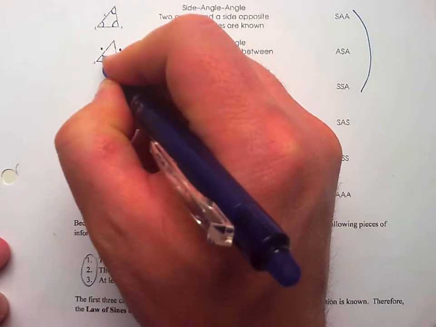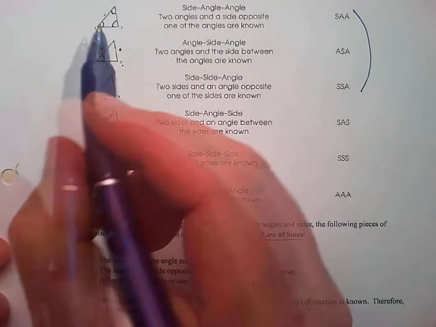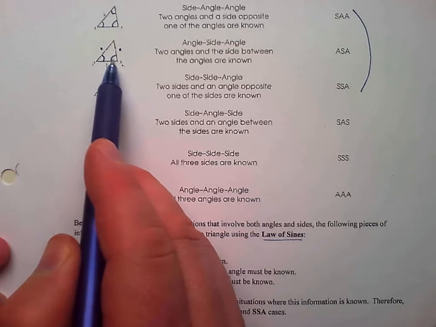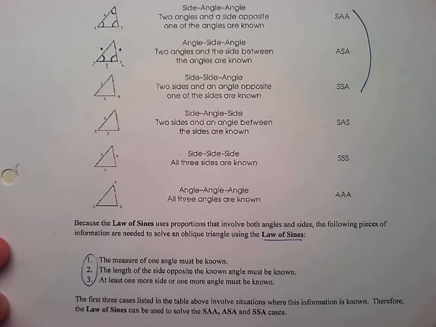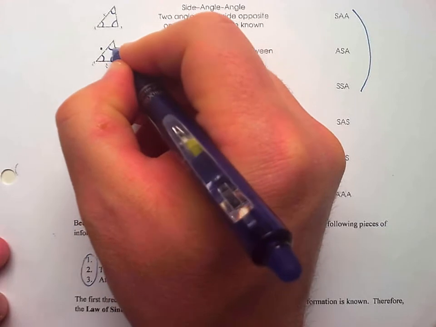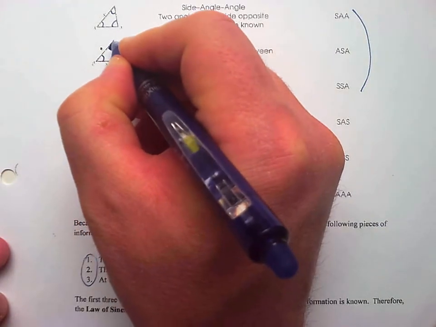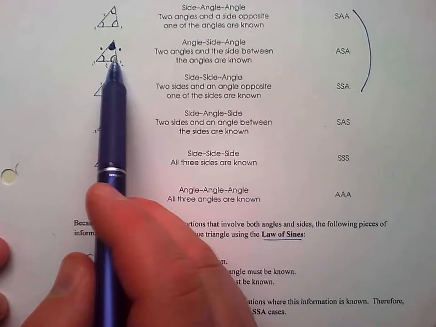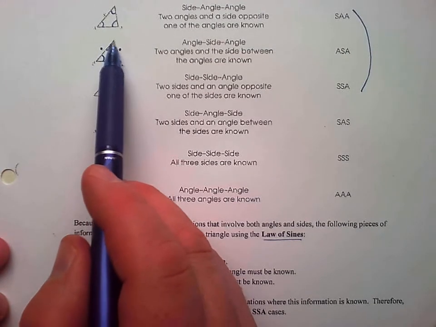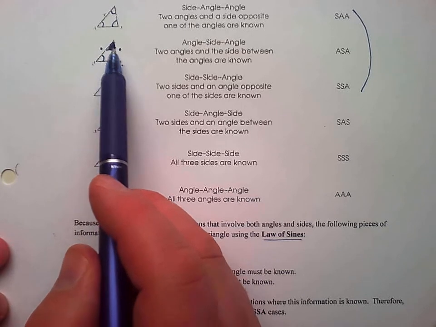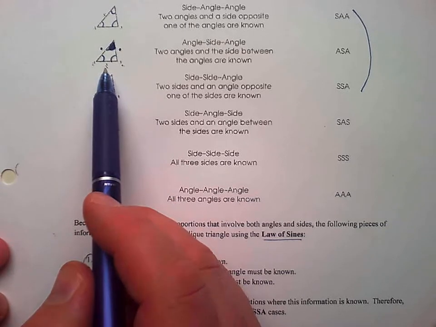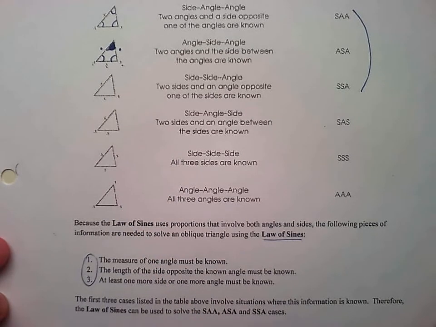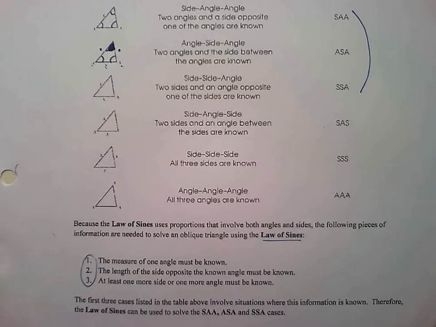So if we know this angle right here, and we also know this angle right here from side angle, we can use that to figure out what this third angle is, that I'm shading in dark. If we add these two angles together and subtract from 180 to determine this angle up here, now we'll know an angle opposite the side of which we know the length. So number 2 is still fulfilled in side angle.